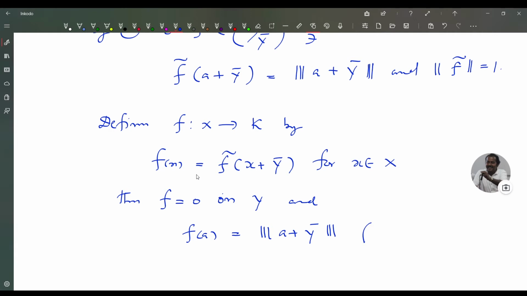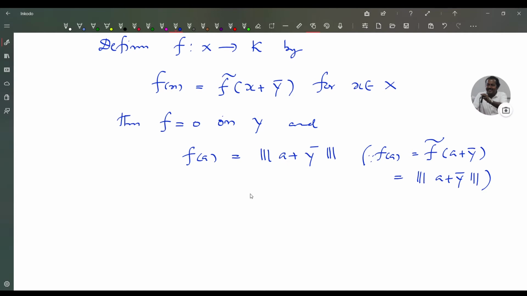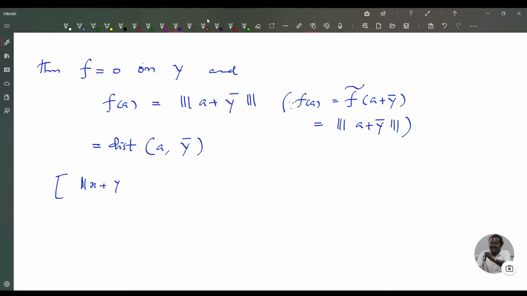Because f of a is f tilde of a plus Y closure, that is equal to the quotient norm of a plus Y closure. This is equal to the distance between a and Y closure. This is because the quotient norm of x plus Y is the infimum of norm of x plus y such that y belongs to Y.